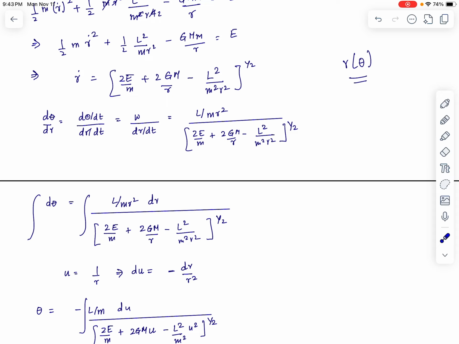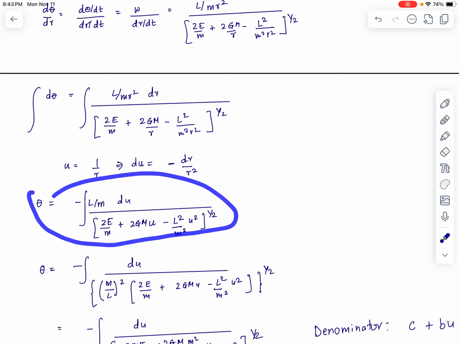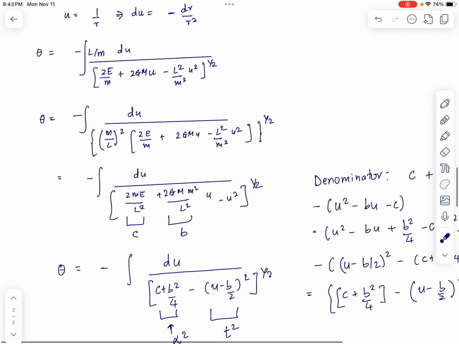So here we make a transformation. From here on out, it's just pure math, right? We make this transformation of u equal to 1 over r, and we get this equation, and we do some more mathematics to simplify it, and we end up with an equation like this.